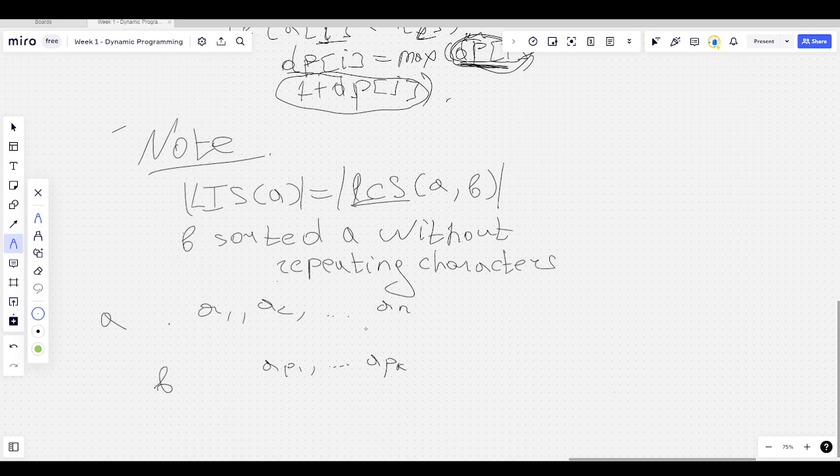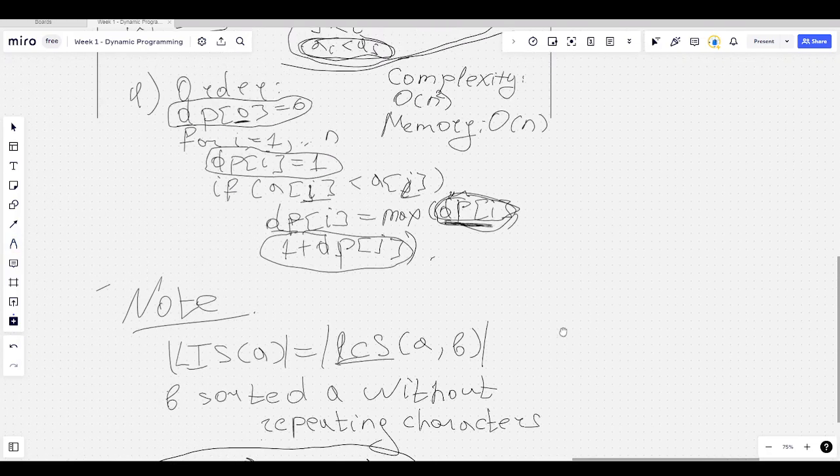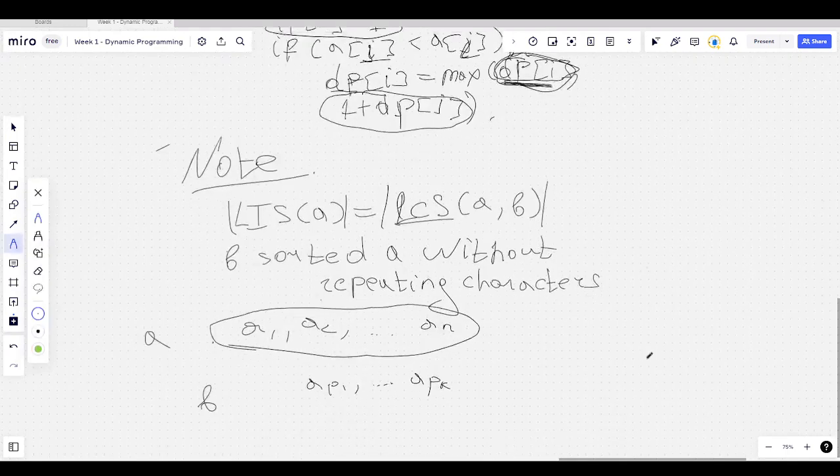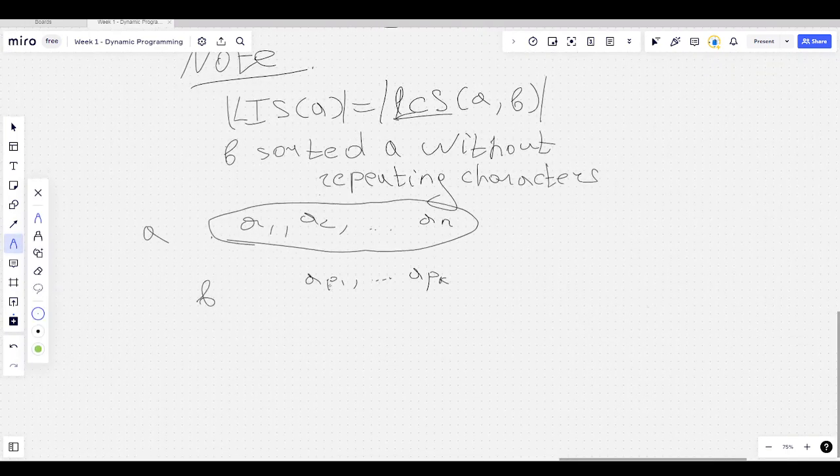If this sequence is contained in the longest increasing subsequence, some increasing subsequence will be contained here, because it keeps the order.